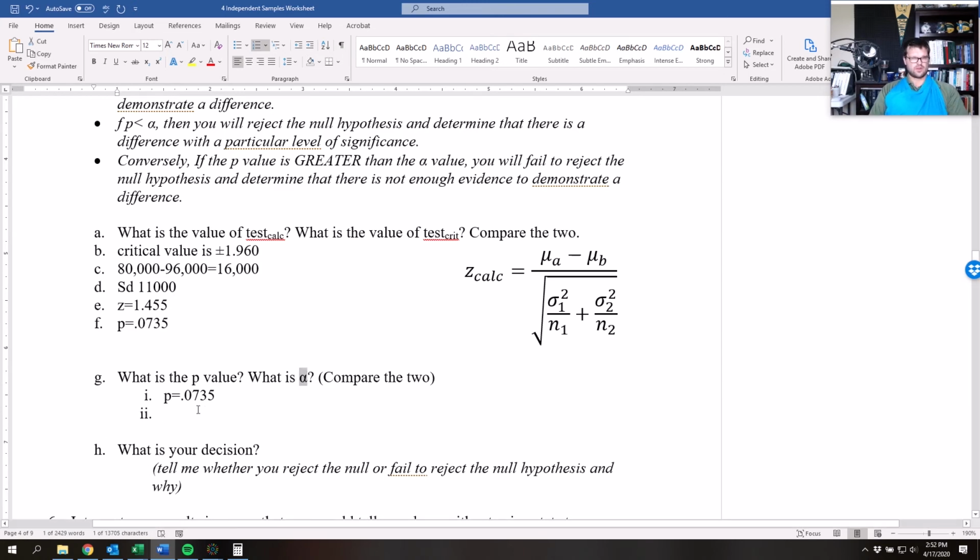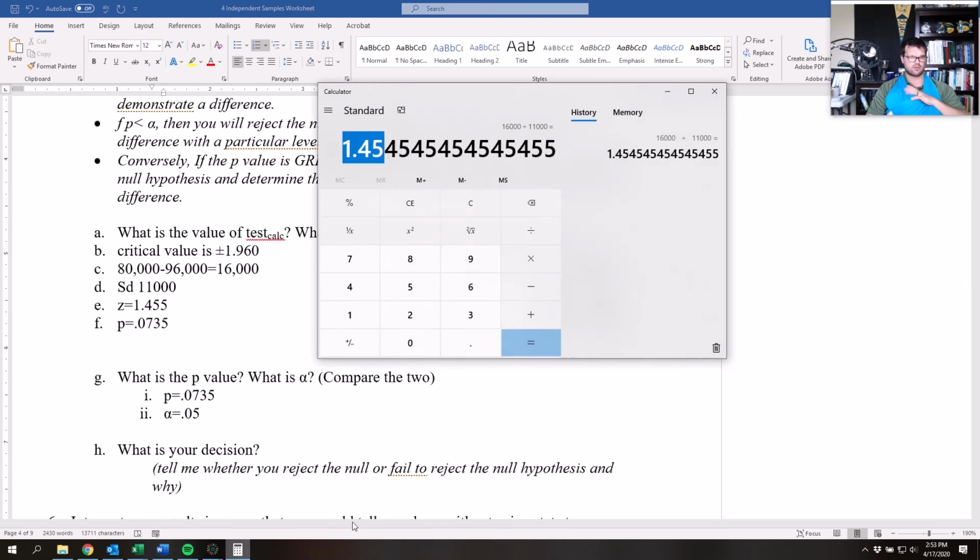So if you compare the two of these, you've got the alpha of 0.05 compared to the p-value. Okay, so we've got a p-value of 0.0735.